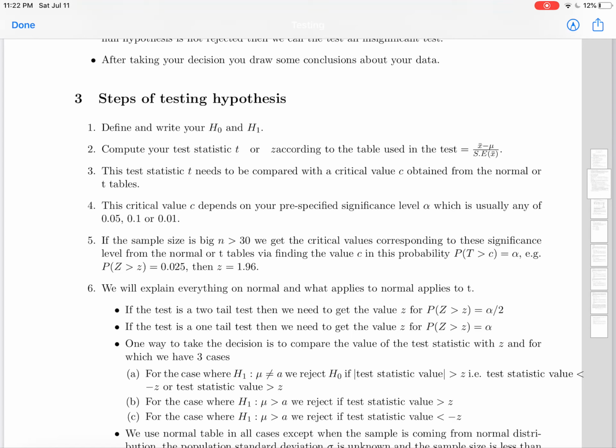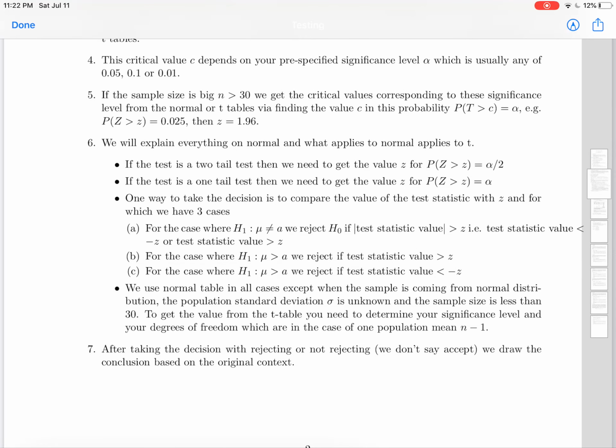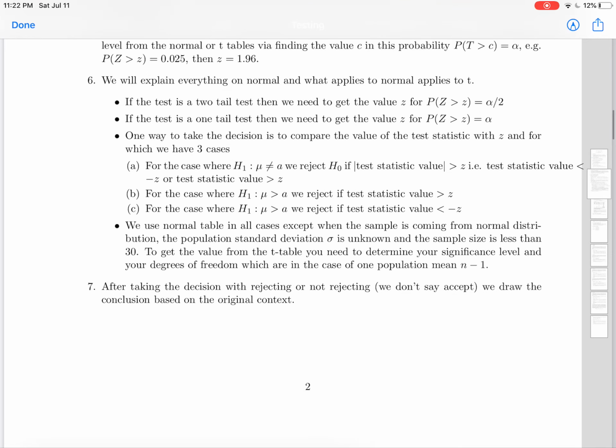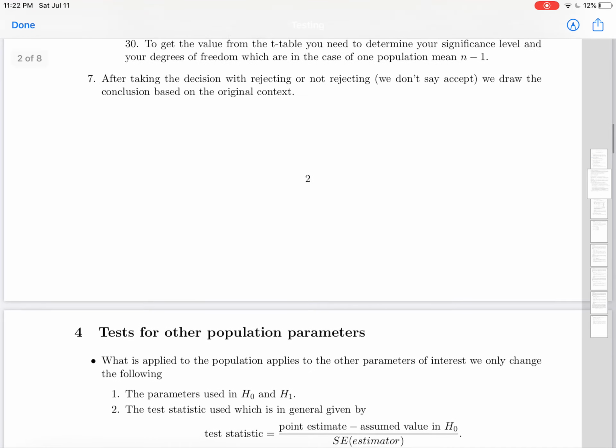So we have the null and the alternative, as we said before. We use the estimator to compute what's called the test statistic. After you make the decision, you draw some conclusions about your data.